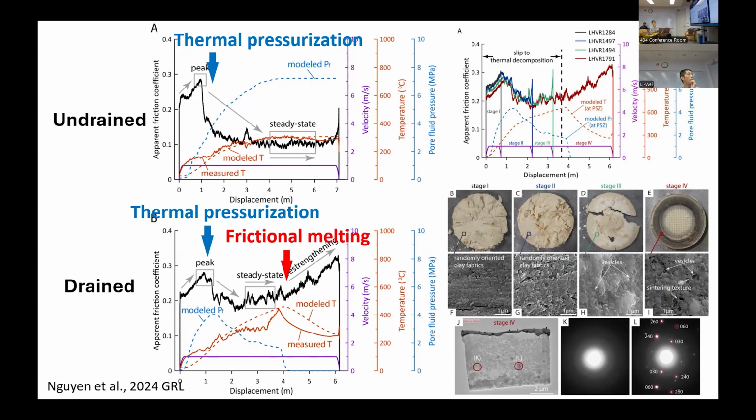At that moment, we realized that thermal decomposition of kaolin is a very strong endothermic reaction. So when the kaolin thermally decomposes, it absorbs a lot of heat, and the principal slip zone temperature will drop in that case. That is one of the most important findings.